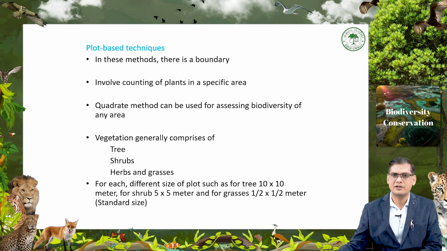Vegetation generally comprises of trees, shrubs, herbs and grasses. For each layer, we take different size of plots, such as for trees 10 by 10 meter plot, for shrubs 5 by 5 meter plot, and for grasses half by half meter plot.